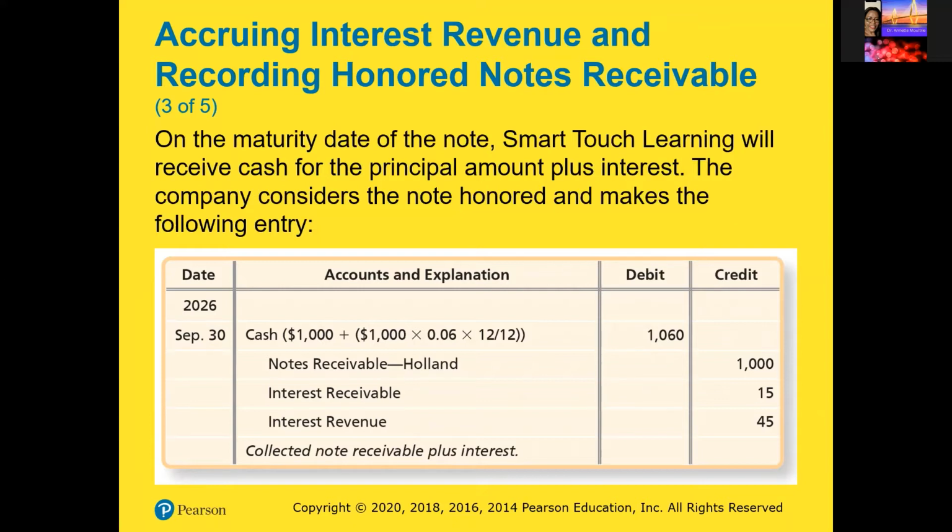The company considers the note honored and records the journal entry. This involves recording cash of $1,060 with a debit and removing the notes receivable $1,000 with a credit, the interest receivable, the $15 credit, interest revenue, the $45 credit.